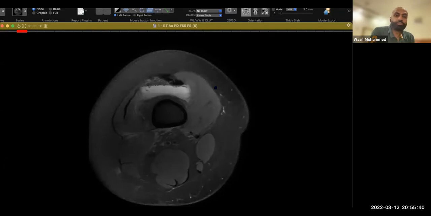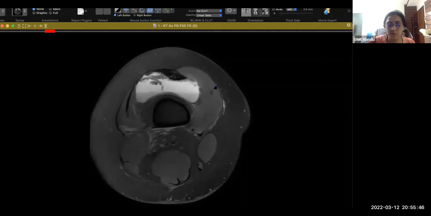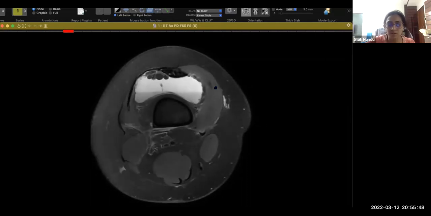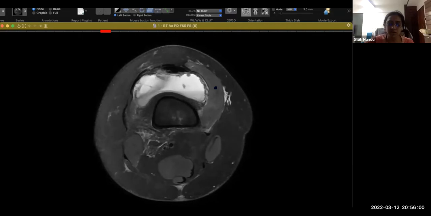Okay. So in view of the history of trauma, there is likely hemorrhage at this site. However, in view of the classic appearance of opposite sides of the patella and the tibial condyle showing bone edema, I suspect this patient had a patella dislocation, which has been relocated. And I would inform the findings to the referring clinician and suggest correlation with any previous similar history or previous imaging.